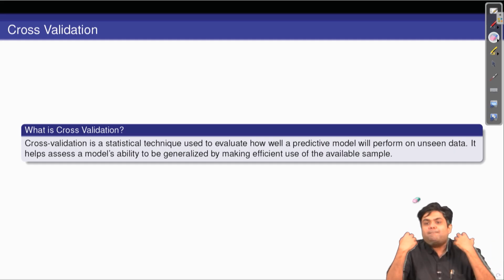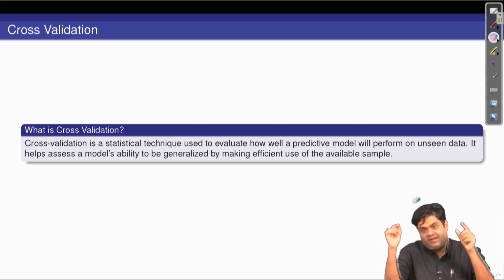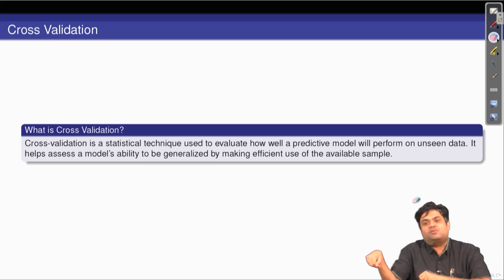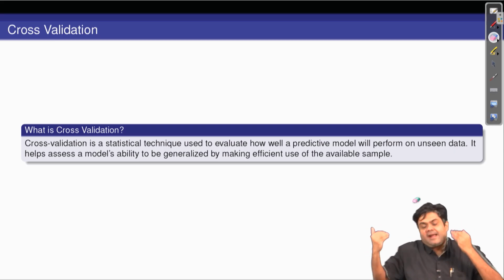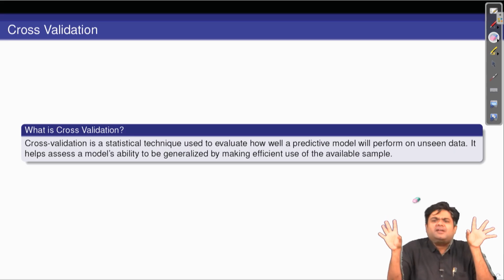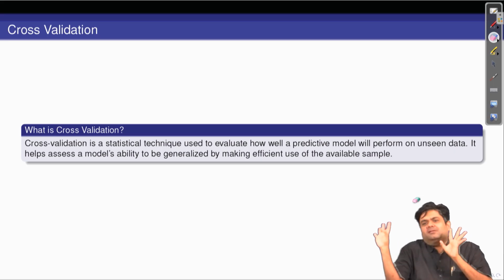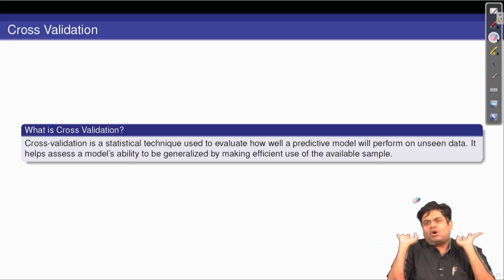So, it manipulates the same given sample in various different ways to treat it as various samples, and does this cross validation based on test and training splits of those various samples constructed out of the same sample, and takes the average training error and average test error, and it is believed that that gives you a reasonable idea about how good your model is.